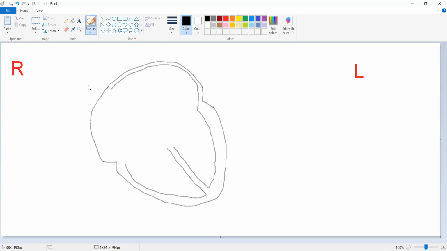Vena cava on the right side. This is the opening. Now I want to touch up on the right atrium.